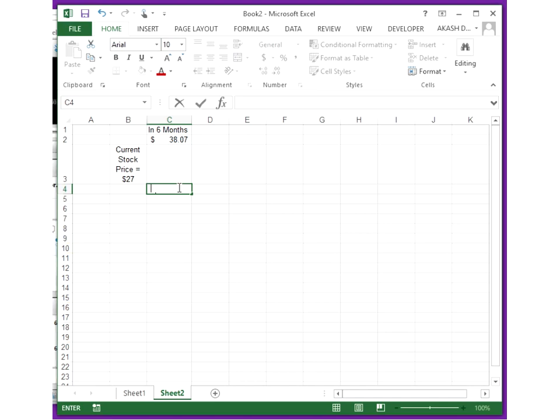Or it can go down by a factor of 0.71. So it will be 27 multiplied by 0.71. That's $19.17. So these are the two possibilities.